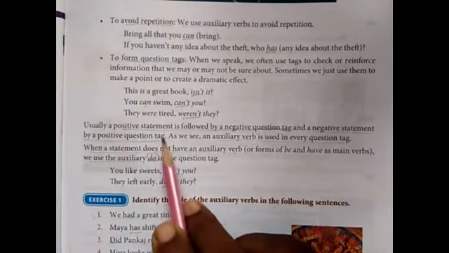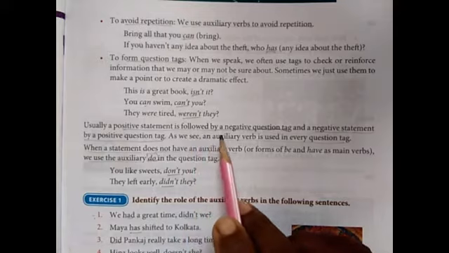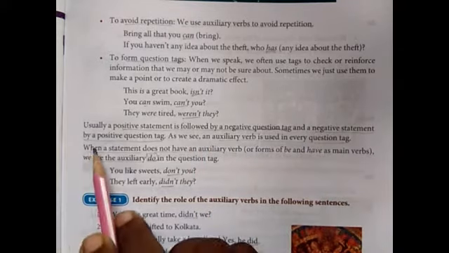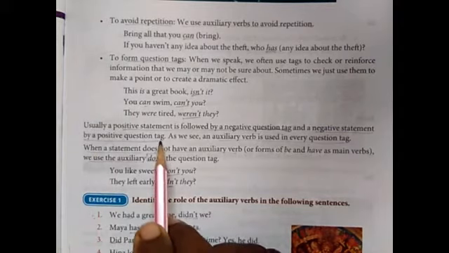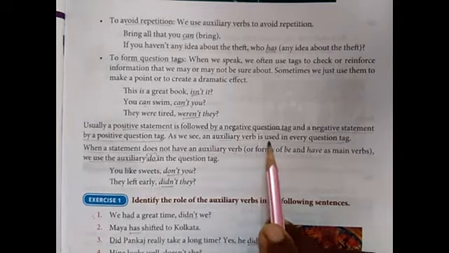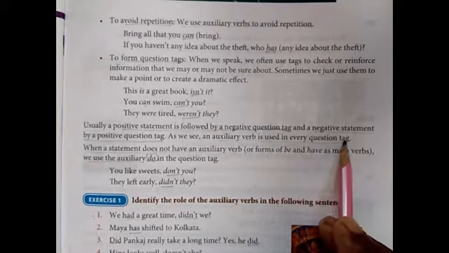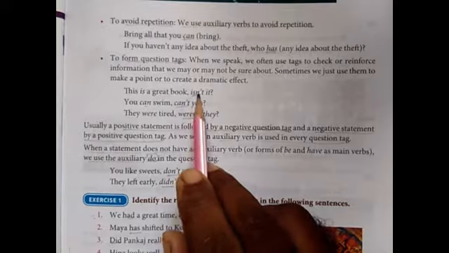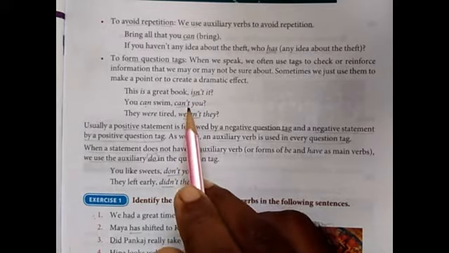Usually, a positive statement is followed by a negative question tag and a negative statement by a positive question tag. This you already know. As we see, an auxiliary verb is used in every question tag, either a negative or a positive question tag.